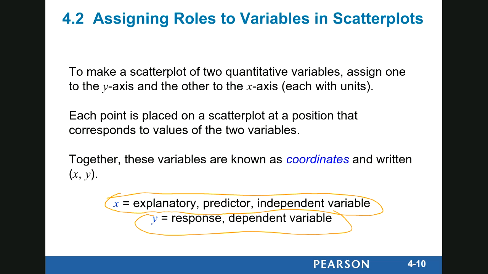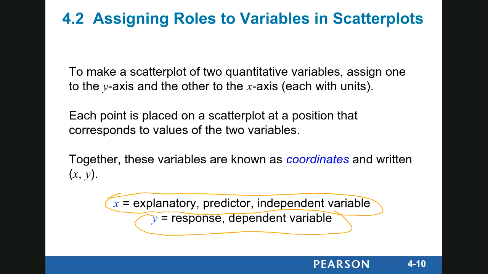So the best way to remember this is X explains Y. X predicts Y. X is independent of anything. Now Y responds to X. Y depends on X. So you need to remember the terminology.